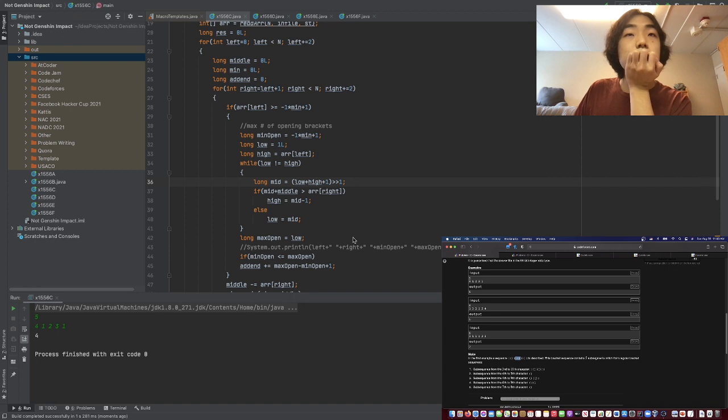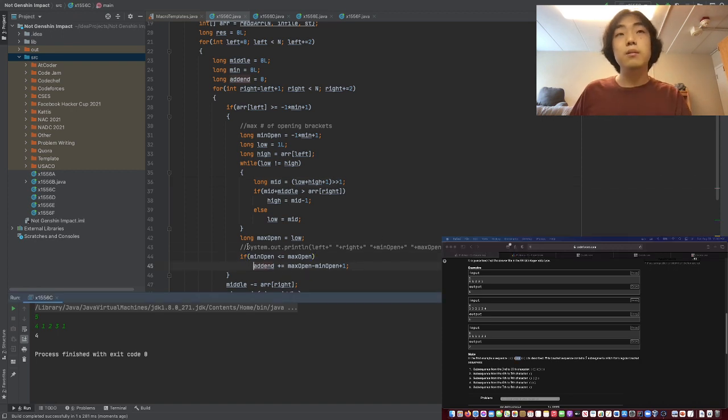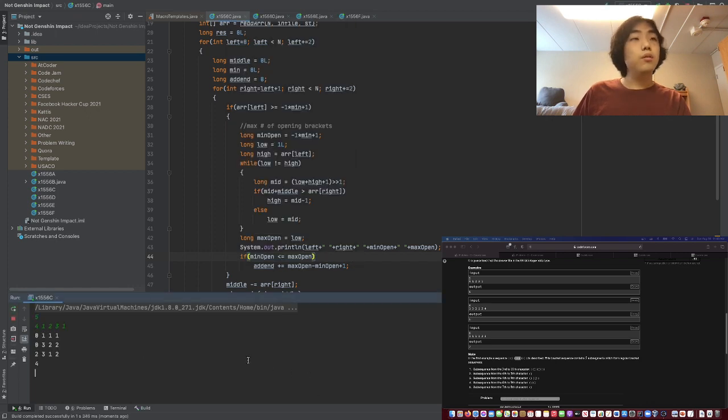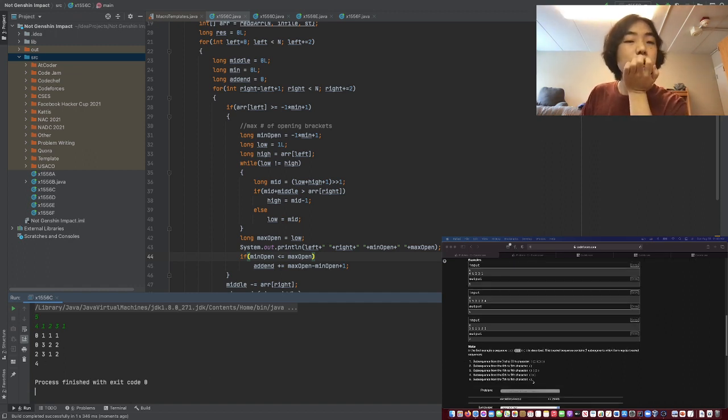Really? It's still not working. Why? Okay, one bracket sequence is always possible though. 0, 1, 1. No, but 1 is possible, like having one bracket up here is possible. Oh, okay, it's like minimum open.